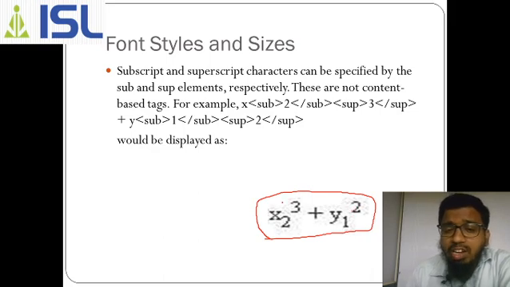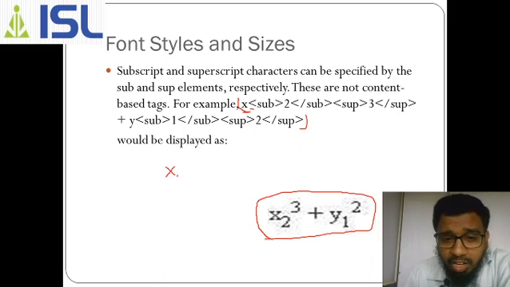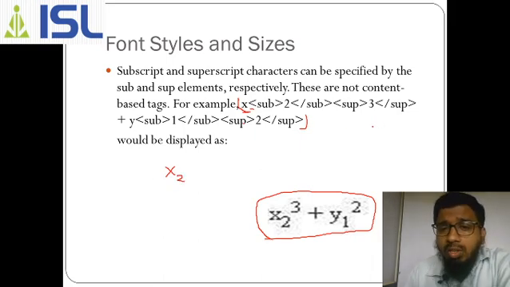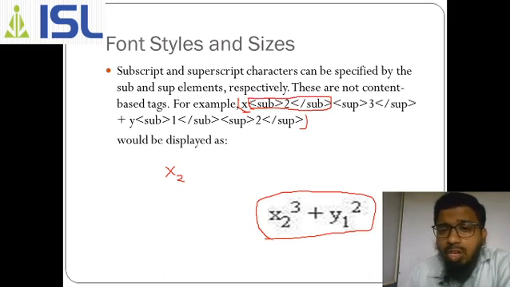If you want to write this and have it displayed on the website, you need to write the code like this. Can you see this? First it will display the x, then sub 2. Sub means the sub of x is 2, then sub is closed. Can you see this opening tag and closing tag? Now sub is closed.